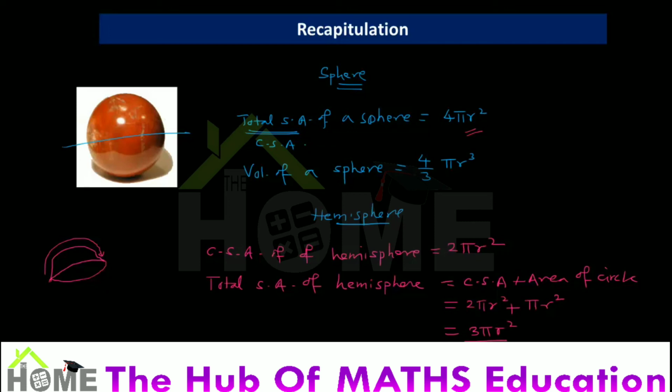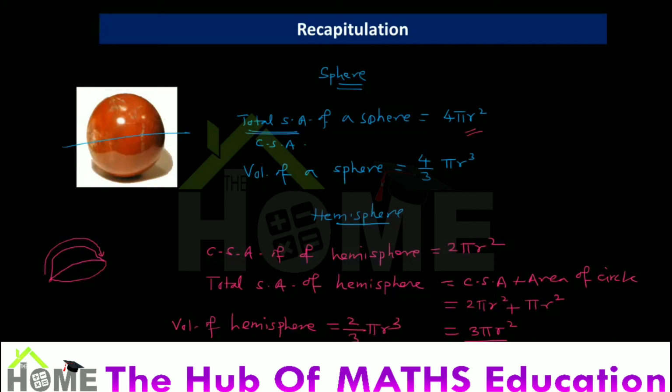So the total surface area of hemisphere is 3 pi r square, and the volume of hemisphere is equal to half of this, that is 2 by 3 pi r cube.